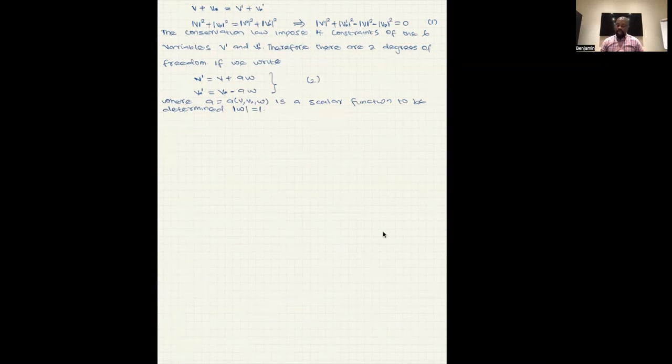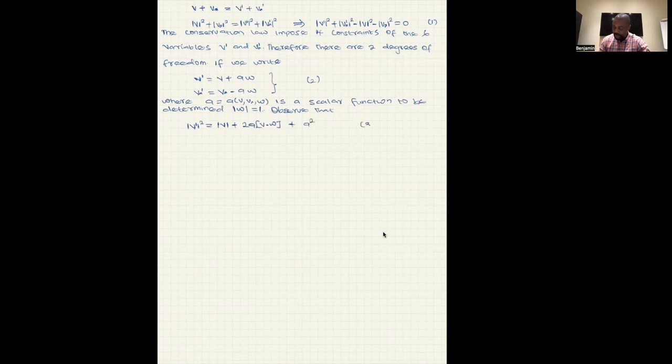Now observe that by summing the 2 equations given in equation 2, one automatically obtains the conservation of momentum. So now we need to force the conservation of kinetic energy. To do this, observe that the absolute value of v prime squared is equal to the absolute value of v squared plus 2 times A times v dot omega plus A squared.